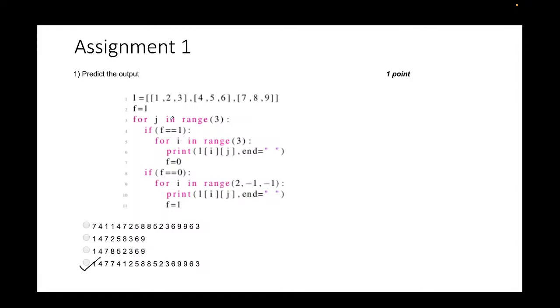For any given column, J is initialized to 0 and the flag is 1. When we enter this for loop, the 0 0 element will be printed. 0 0 is 1, so you can easily eliminate option A. The end is to continue printing in the same line.